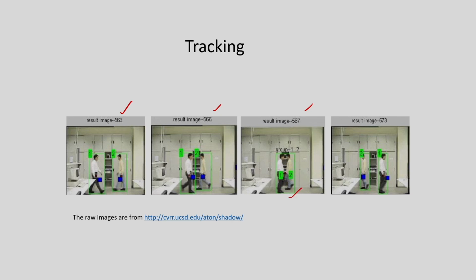In image 567 there is an occlusion, and in the presence of the occlusion also we have to track person 1 and person 2, and you can see the output of the tracking algorithm. So we can track person 1 and person 2 in this video. Tracking means finding the correspondence between the frames of a video.